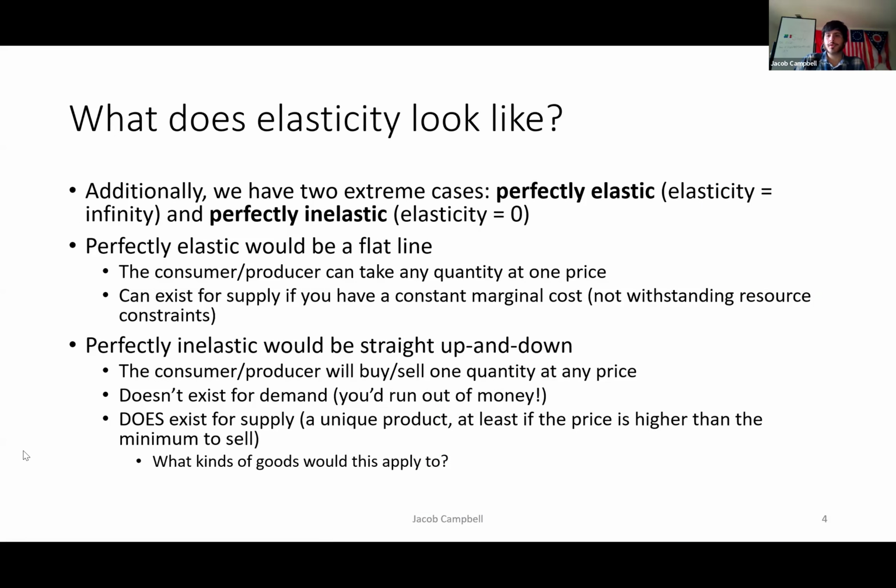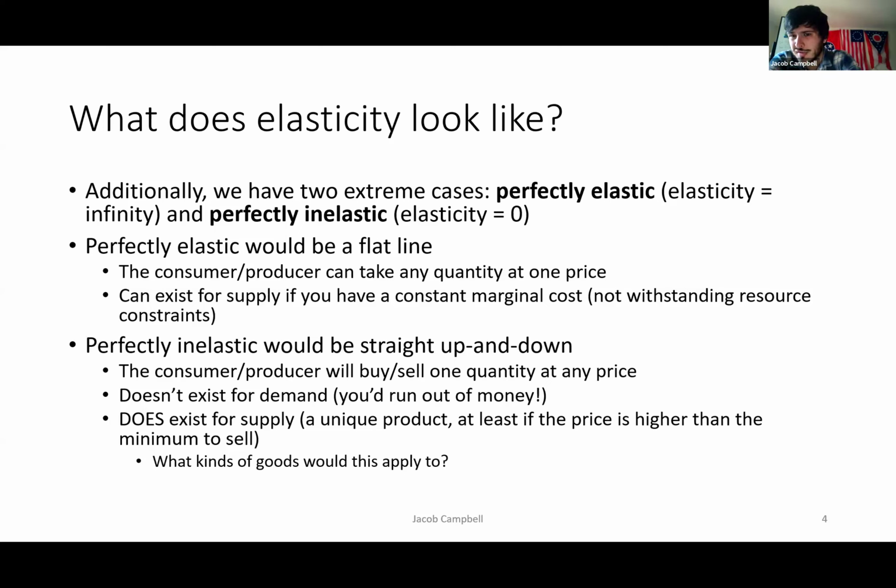Additionally, we have two extreme cases that we ought to talk about. So-called perfect elasticity, where elasticity is equal to infinity, and perfect inelasticity, where elasticity is equal to 0. Now, I told you that your elasticity corresponds directly to the steepness or the slope of the curve.